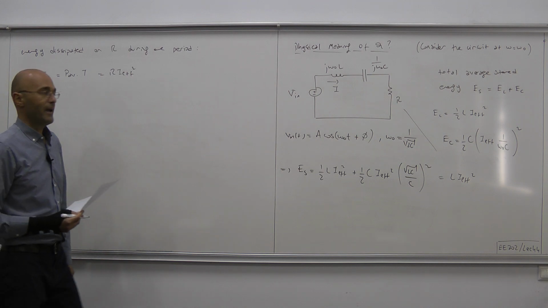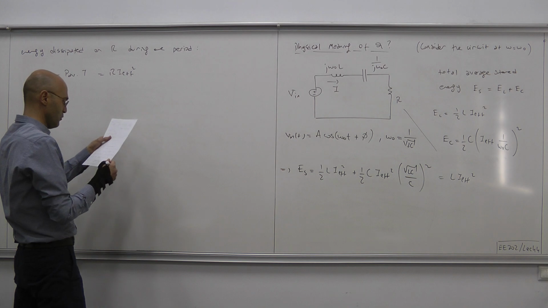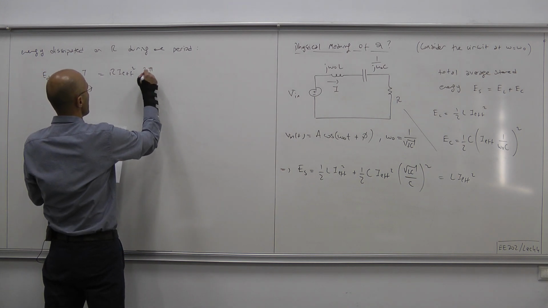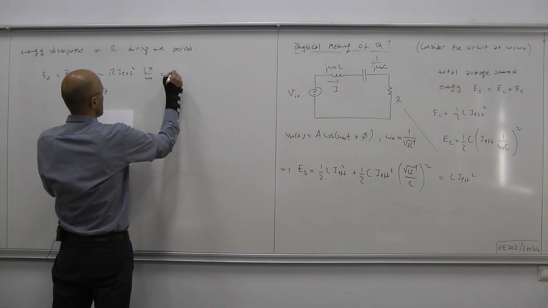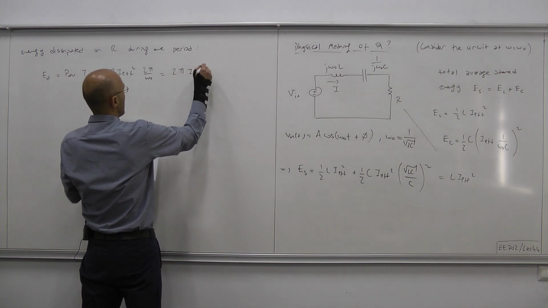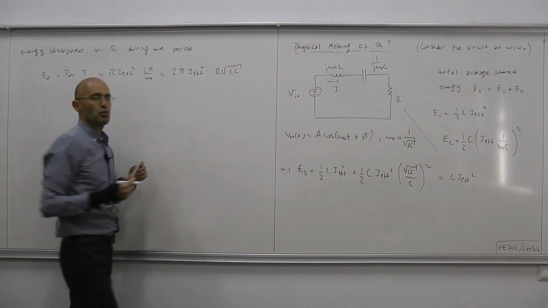Omega 0 over 2 pi, and omega 0 is 1 over square root of LC. Therefore, we can write R I effective squared times 2 pi over omega 0, and that's 2 pi I effective squared times R square root of LC.